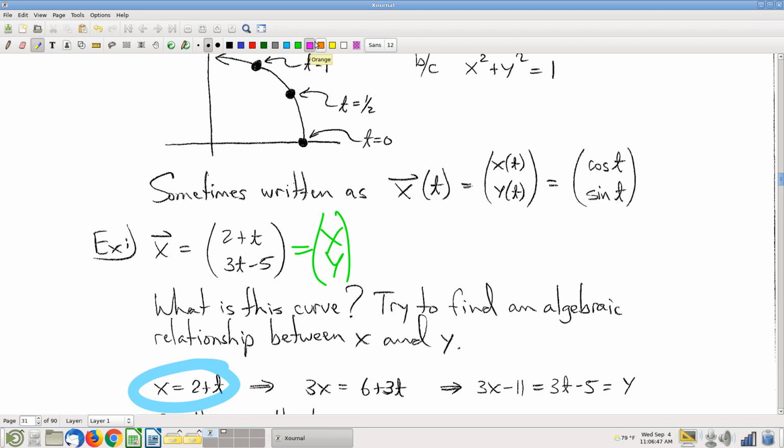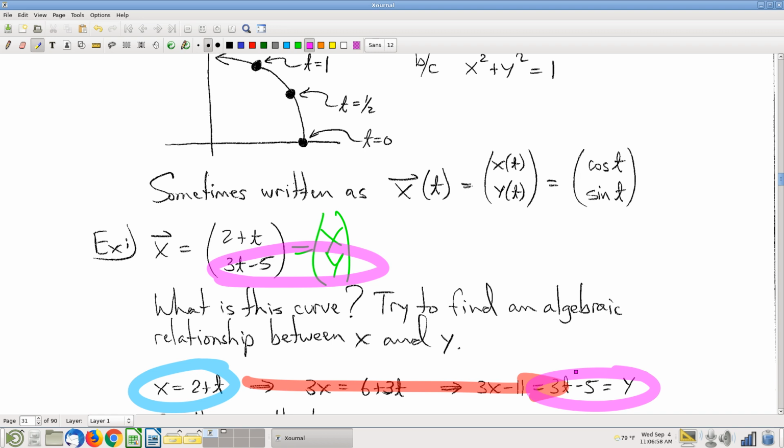So y is 3t minus 5. I'm going to do stuff to x until I get y, namely 3t minus 5, to come out of it. And if I can do this, then I will have an implicit connection between x and y.